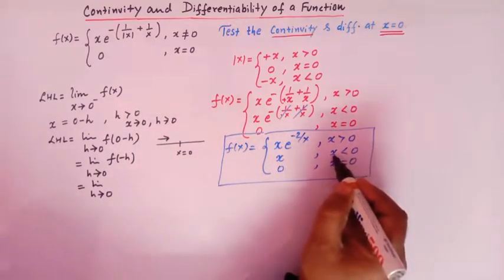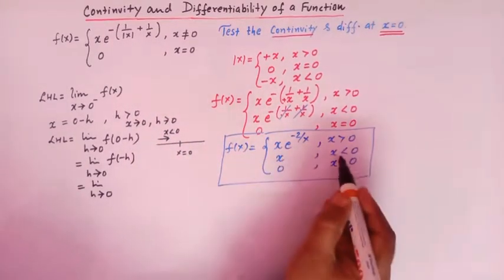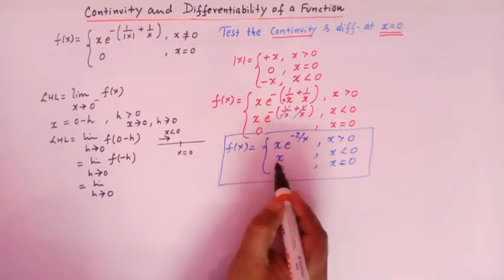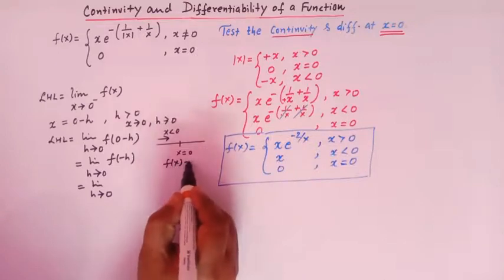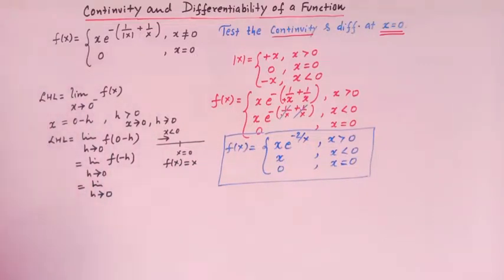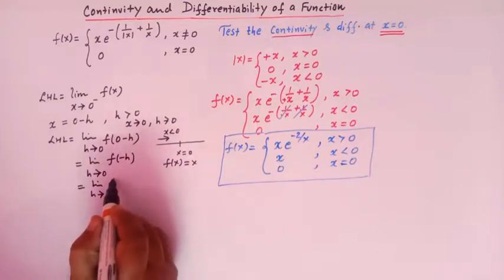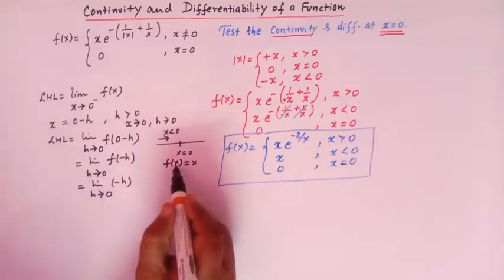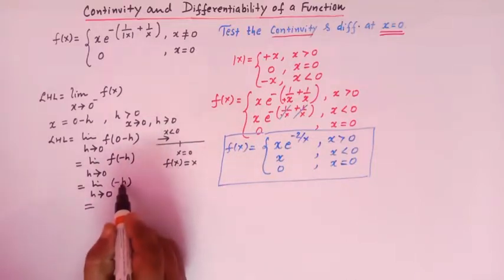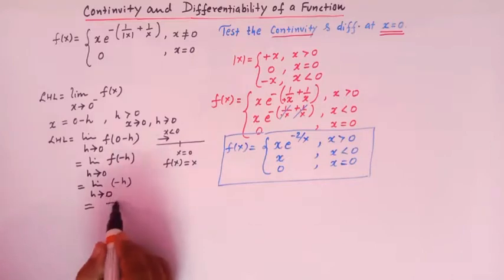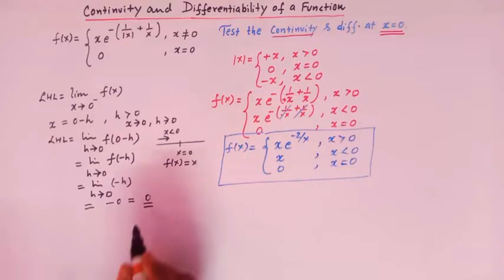So here for left of x equal to 0, we have x less than 0, so we have to take f of x is equal to x, right? So here we'll take f of x is equal to x for calculating left hand limit, and f of minus h is now equal to minus h. Here we'll take x equal to minus h. Now here h equal to 0, so this limit becomes 0, right? So the left hand limit is 0.